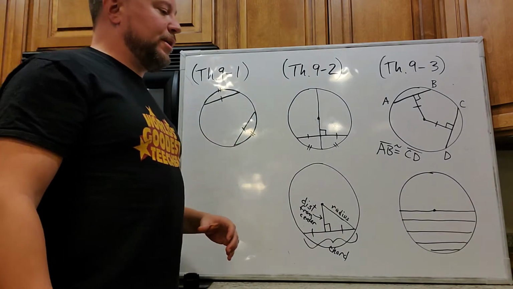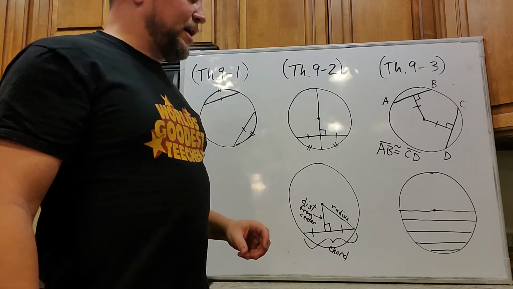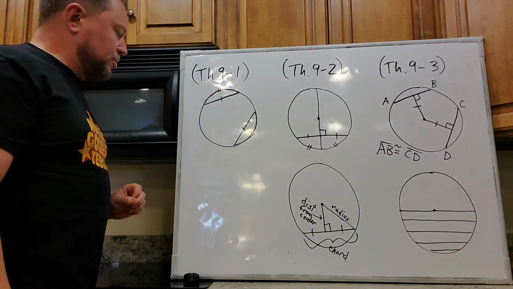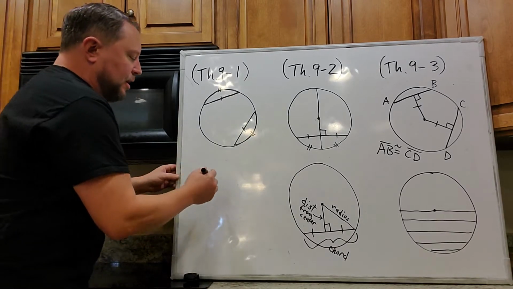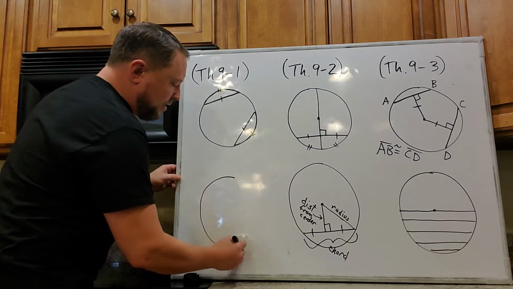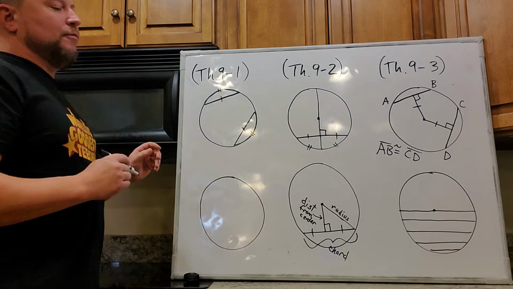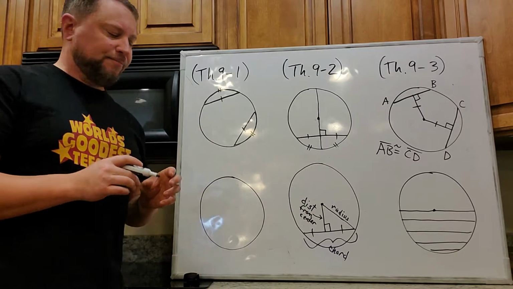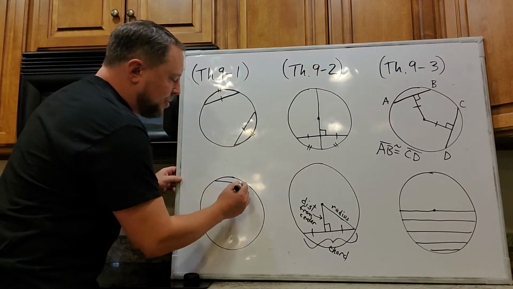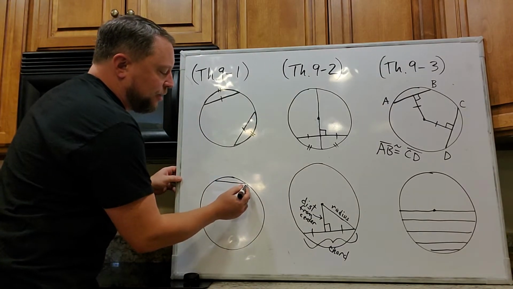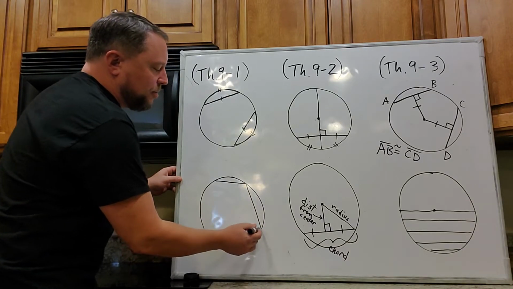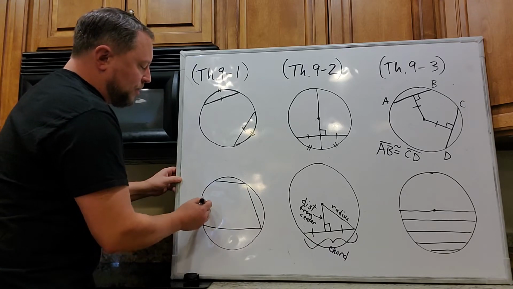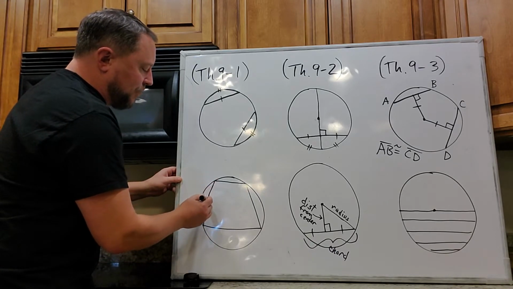All right, so there's our 3 theorems for this section. I do have just a little bit more notes for you here. If you have a circle, and we draw chord after chord that are all attached to each other, maybe a chord there, and then at the end of that one, start another chord, and at the end of that one, draw another chord that meets up finally with that one.